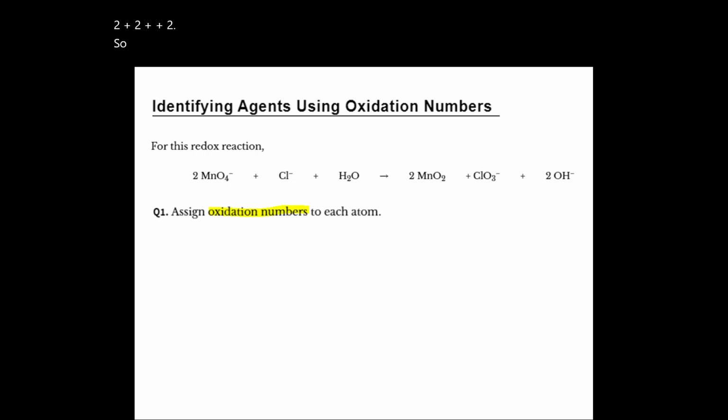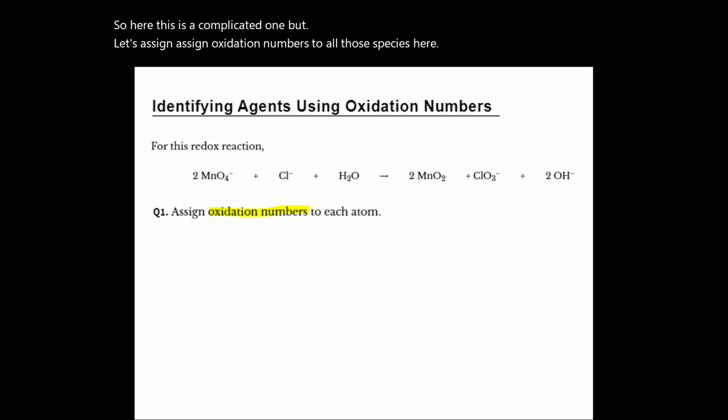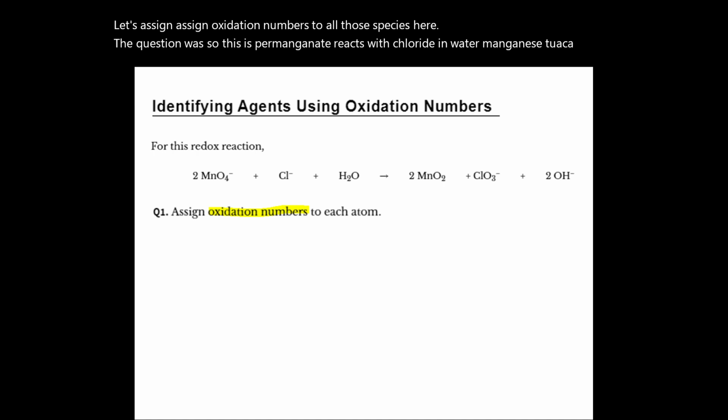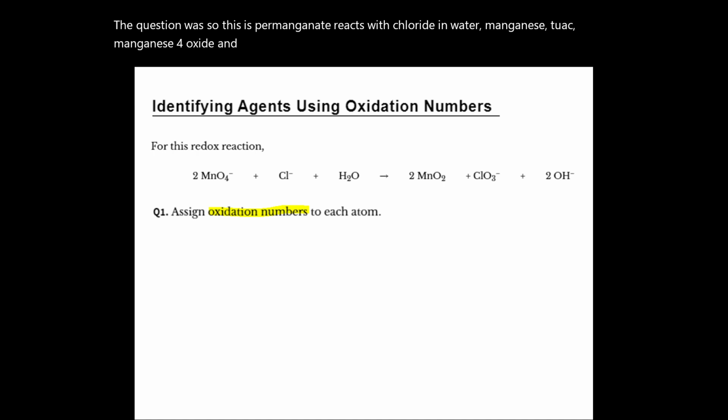So here, it's a complicated one, but let's assign oxidation numbers to all those species here. The question was, permanganate reacts with chloride in water, forming manganese dioxide, chlorate and hydroxide ions.